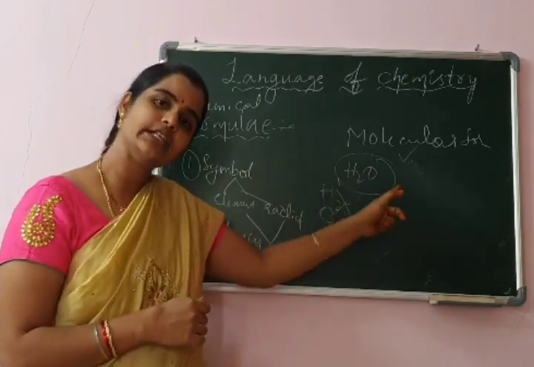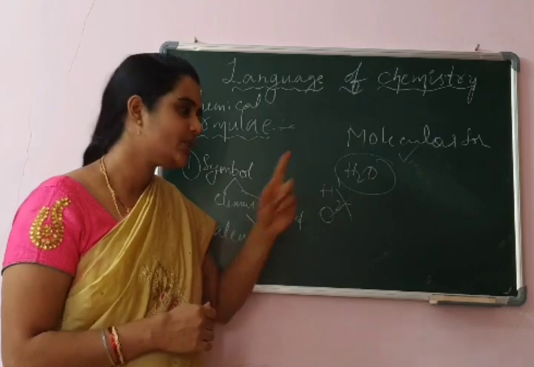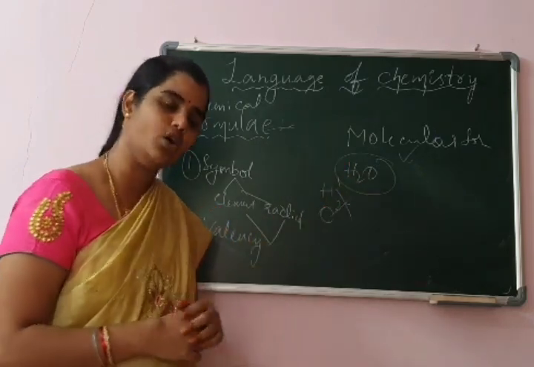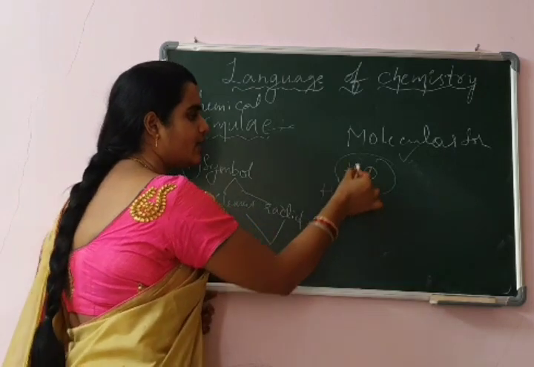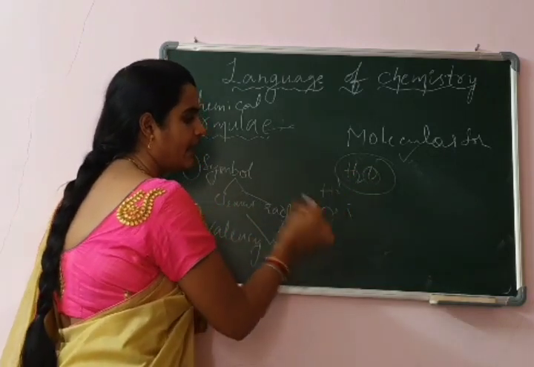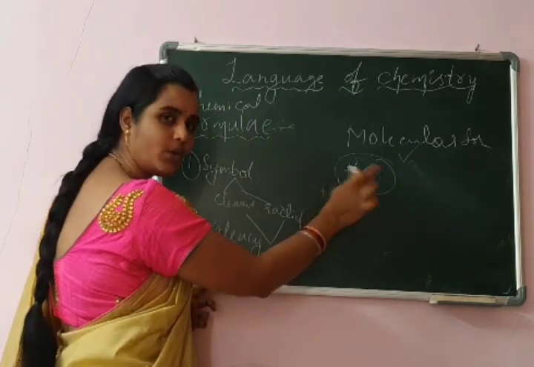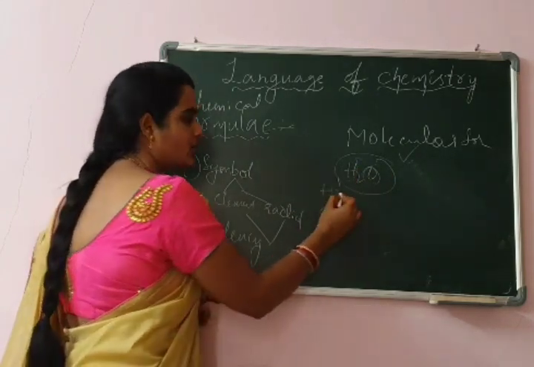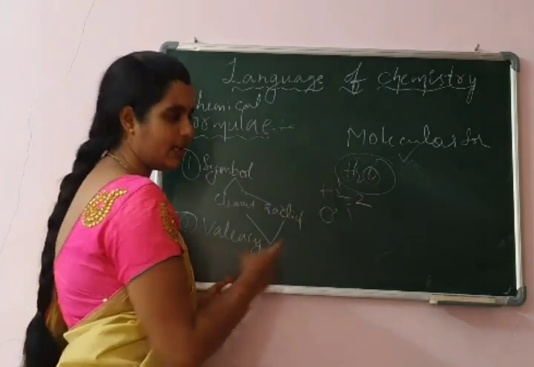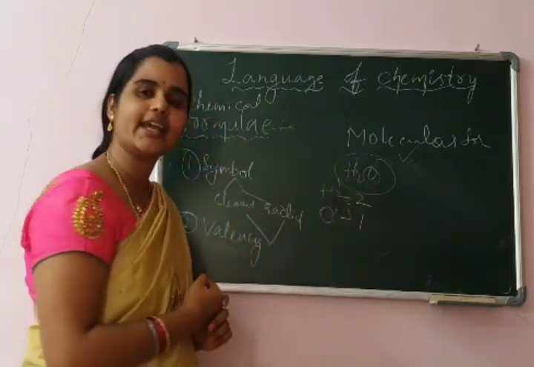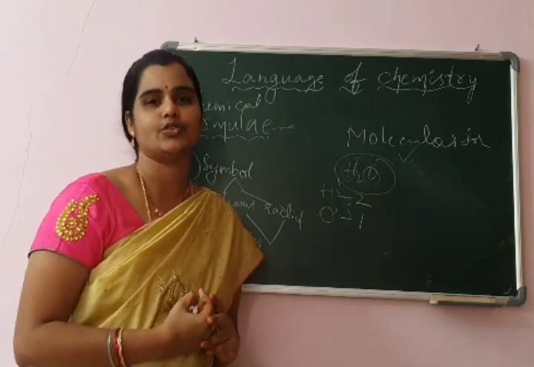The elements are hydrogen and oxygen. How many atoms of hydrogen are there in one molecule of water? Two hydrogen atoms. And how many oxygen atoms? One oxygen atom in one molecule of H2O.